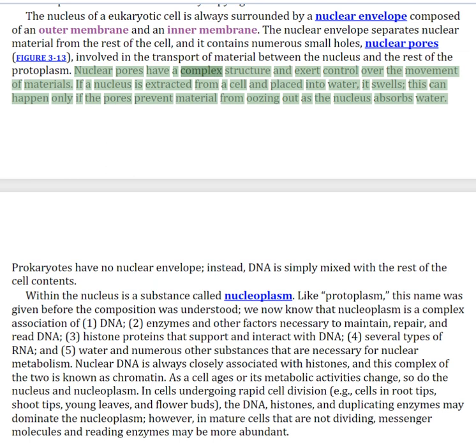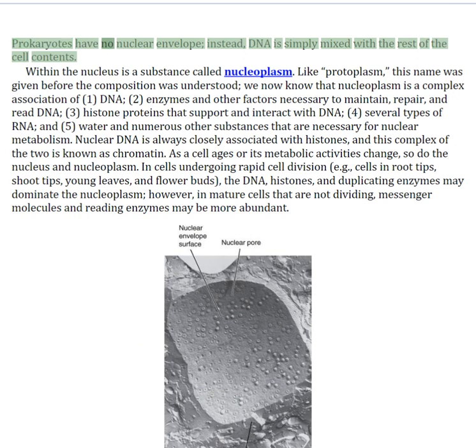Nuclear pores have a complex structure and exert control over the movement of materials. If a nucleus is extracted from a cell and placed into water, it swells. This can happen only if the pores prevent material from oozing out as the nucleus absorbs water. Prokaryotes have no nuclear envelope. Instead, DNA is simply mixed with the rest of the cell contents.